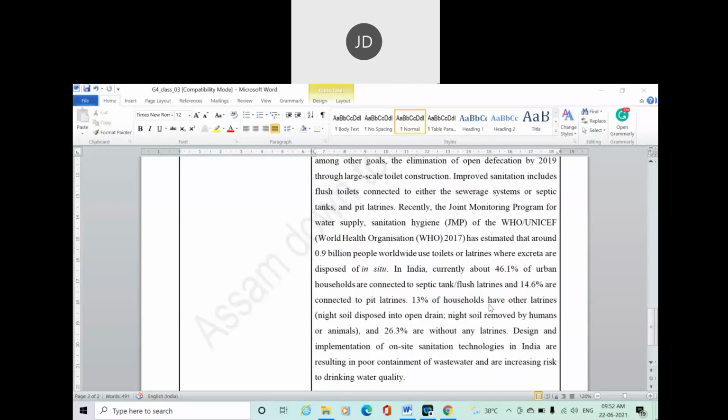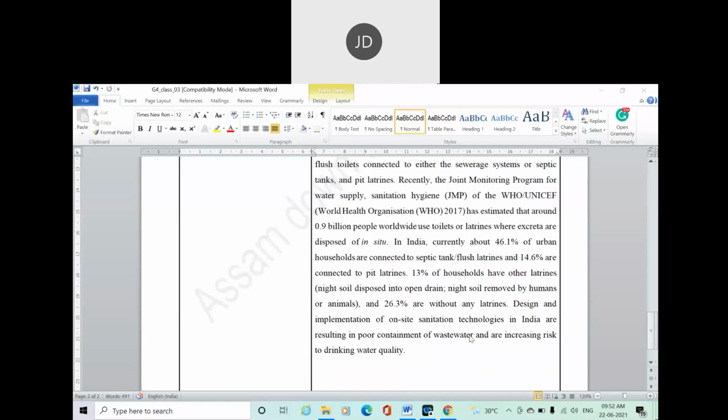This is categorized under open or other latrines. Night soil is removed by humans and animals, and 26.3% of the population is without any latrine. So we need to target that particular population.